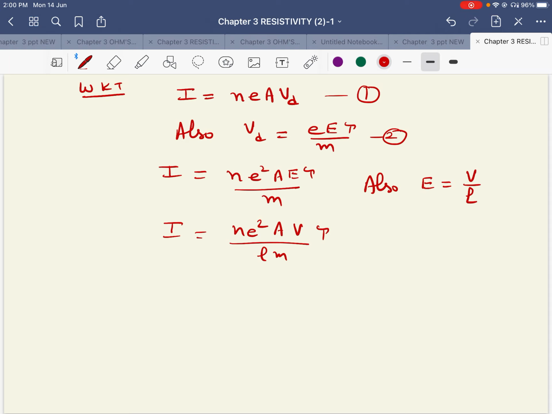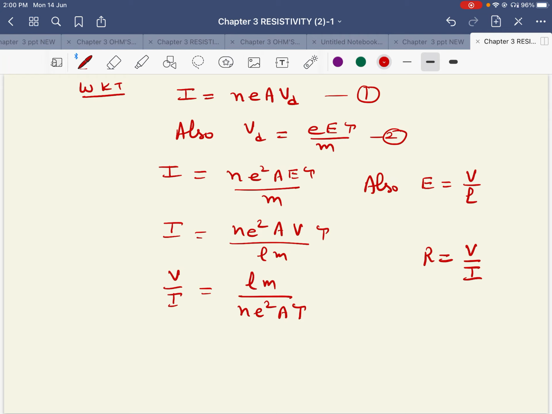Now rearrange the terms in such a way that we find the value of resistance. We know that resistance is equal to V upon I. So we have to find the value of V upon I. Then V upon I will be equal to Lm divided by Ne²Aτ.